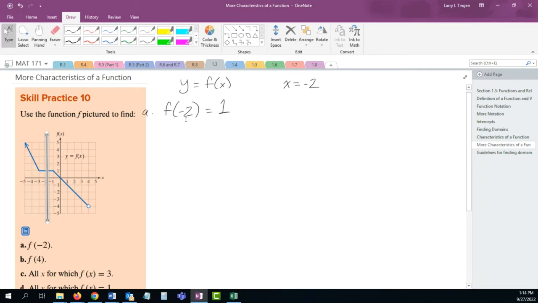Well, it means when x is -2, where do you hit the curve, or where do you hit the graph? Not the x or y axis, but the actual graph, the picture, the graph of the function. So when I put x equals -2 on the graph, it's super easy to see it hits right here when y is 1.